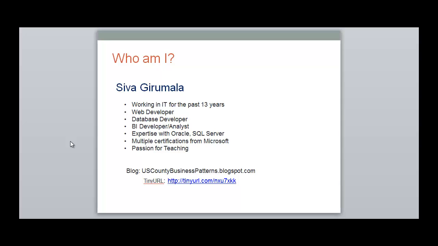So that was a full-blown data warehouse project, starting from sourcing the data from census.gov and then loading the staging tables, building the relational database, and then building the data warehouse, and on top of that building cubes and reports, etc. And the name of the blog is uscountybusinesspatterns.blogspot.com, and there is a tiny URL also.